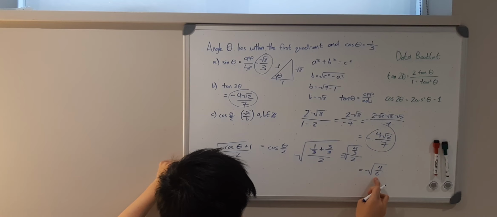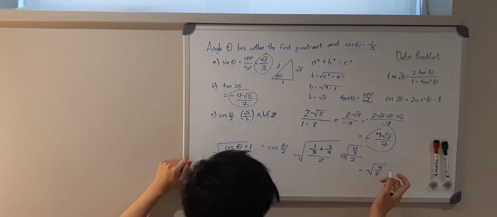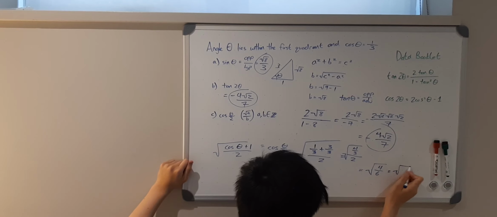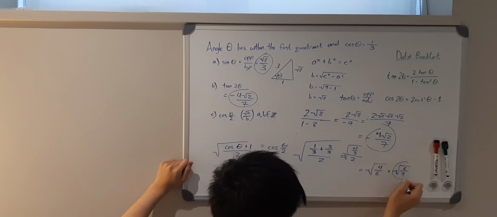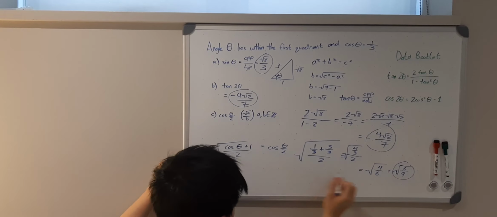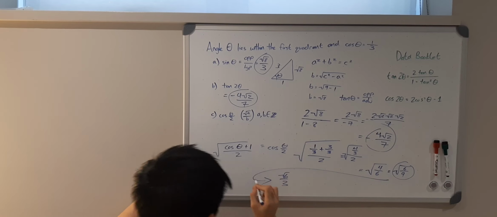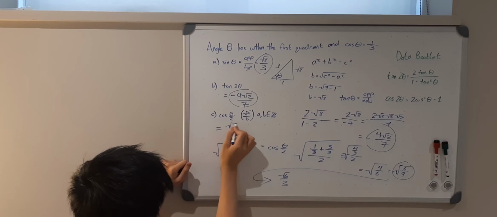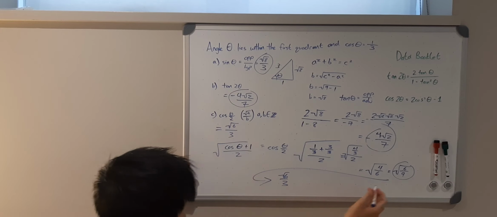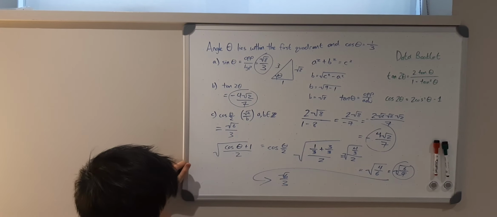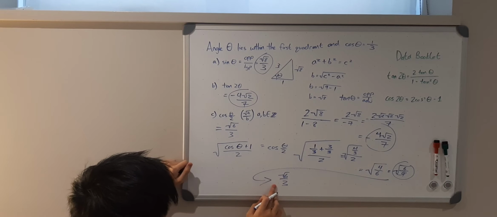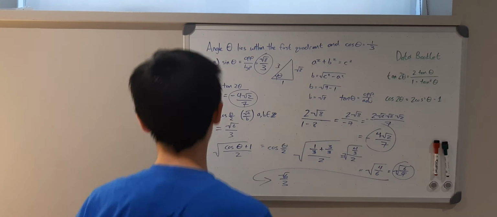Multiplying by 1.5, that equals root 9 over 6. Then that becomes root 6 over 3, since we just applied the square root to the 9. So the answer is root 6 over 3. It won't be negative because it's in the first quadrant.